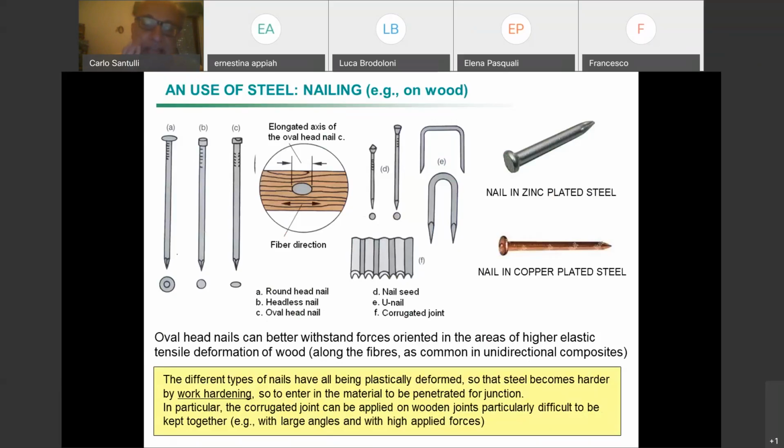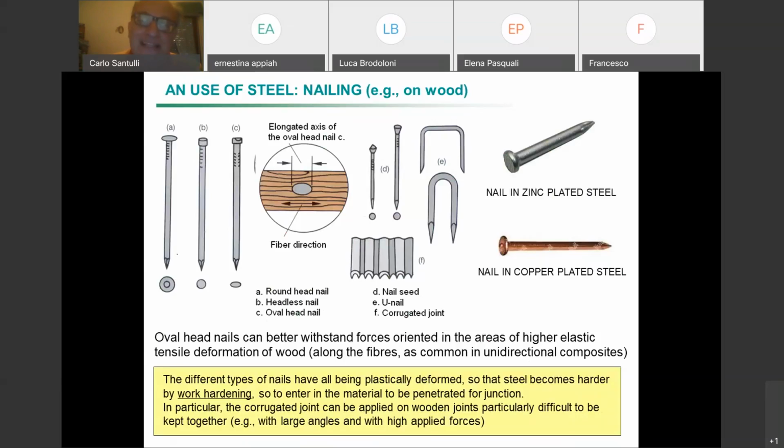Okay, we call that work hardening. Work hardening means that in deforming plastically the steel, which constitutes the bulk of the nail, you also make it harder. So it's more difficult to penetrate, because this is hardness.